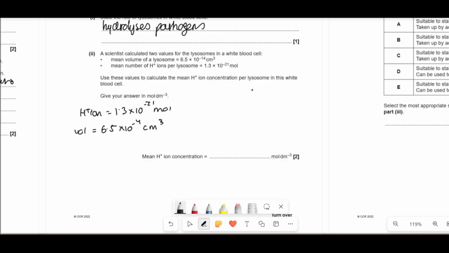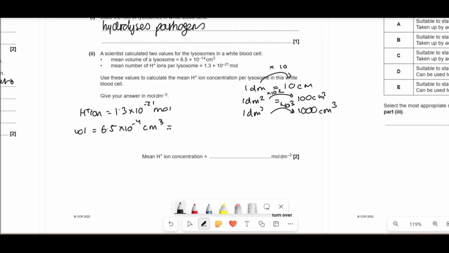The way I think of it is that 1 decimeter is 10 centimeters, right? So you're timesing that by 10. If you've got 1 decimeter squared, you're going to times it by 10 squared, 100 centimeters squared. If you've got 1 decimeter cubed, you're going to times it by 10 cubed, so 1,000 centimeters cubed.